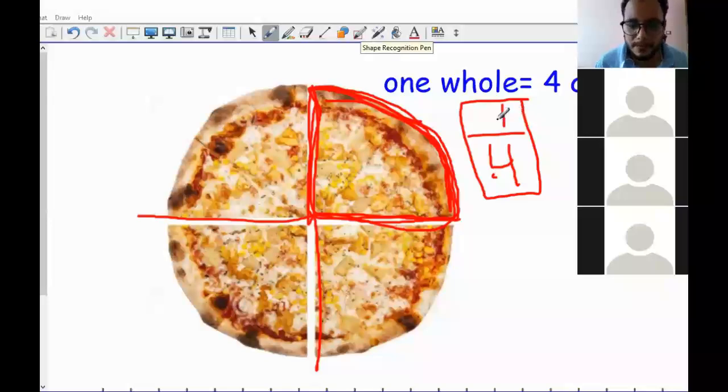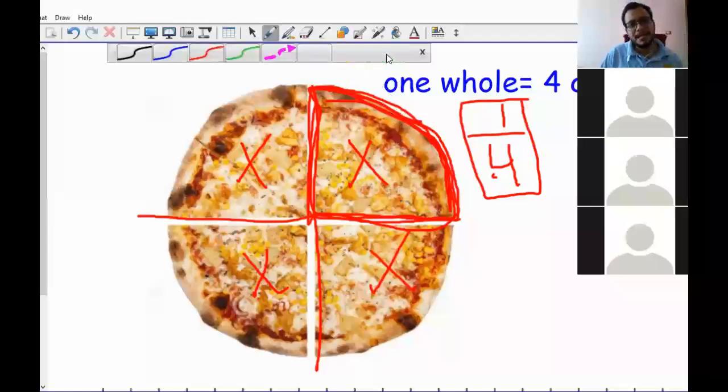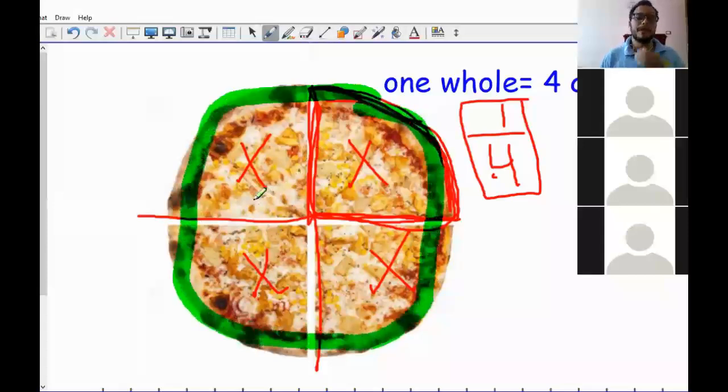Now, let's count how many quarters in this pizza. This is 1/4, 2/4, 3/4, 4/4. Okay, so I have 4/4 to make the whole pizza. It takes 4/4 to make the whole pizza.